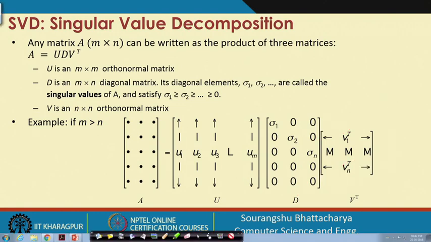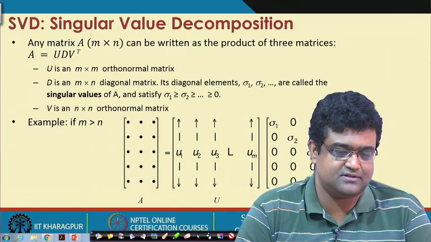Extending this is another concept called the singular value decomposition.